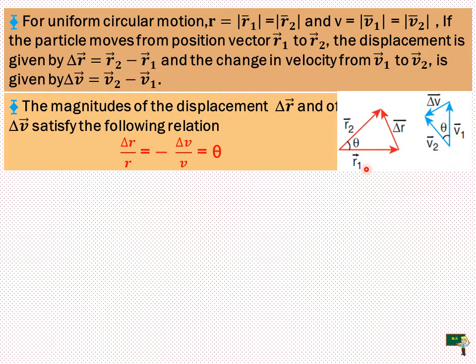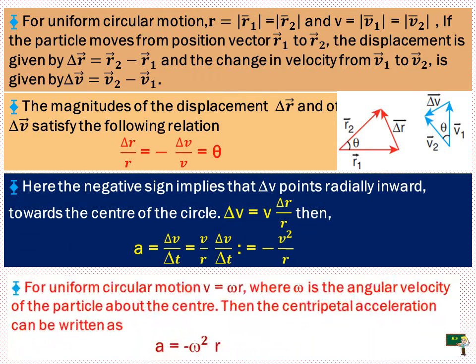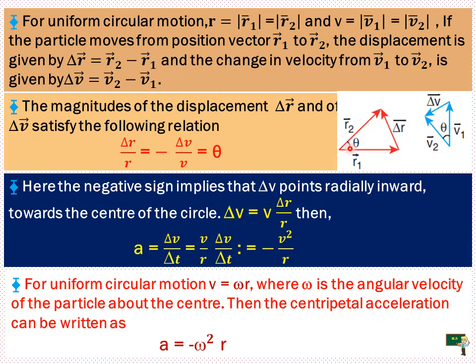The magnitudes of the displacement del r and del v satisfy the following relation: del r by r is equal to minus del v by v is equal to theta, which you can confirm here.